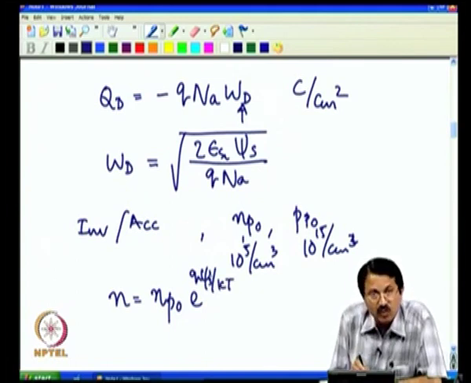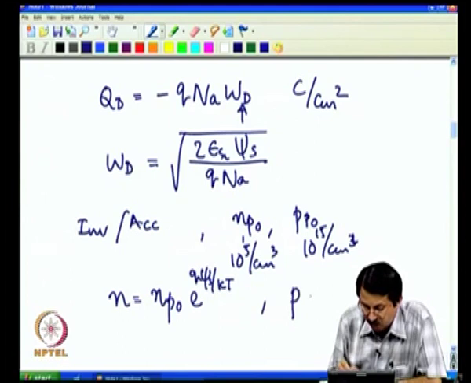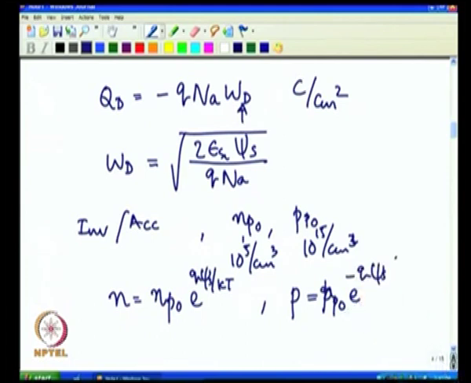When psi s is equal to 0, the flat band condition, this exponent term is 0 anyway, and n is equal to Np0. And similarly, your p is Pp0 e to the minus q psi s by kT. Again, at equilibrium, psi s is equal to 0, Vfb is 0 as we have assumed, and p is equal to Pp0.